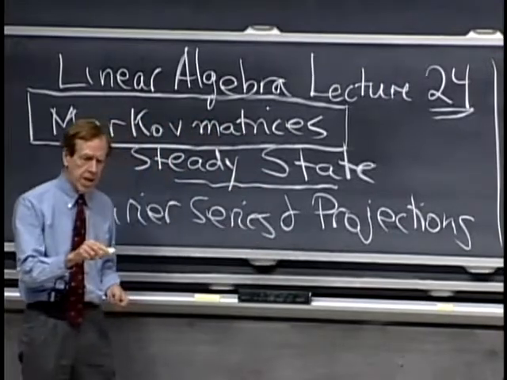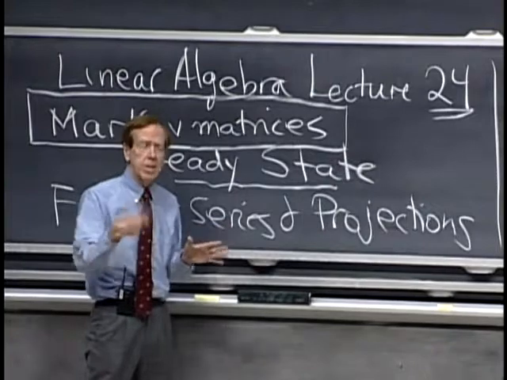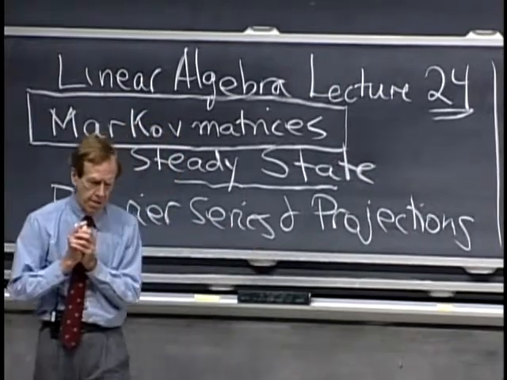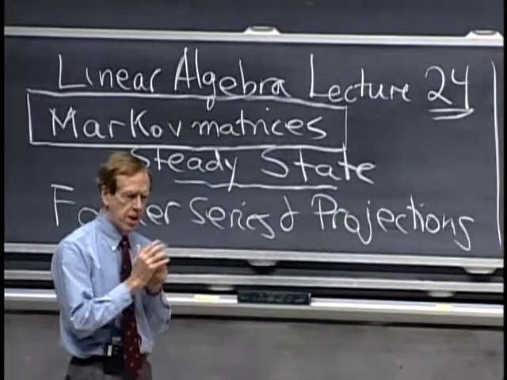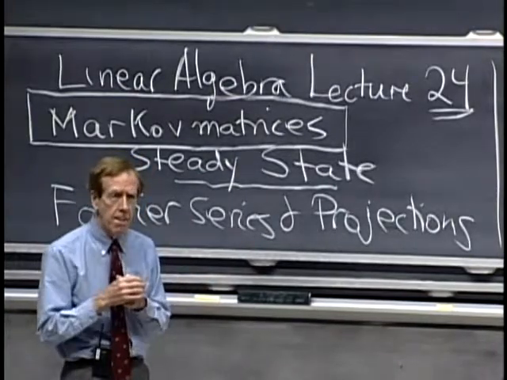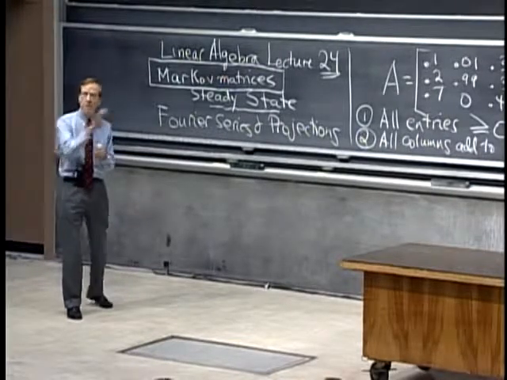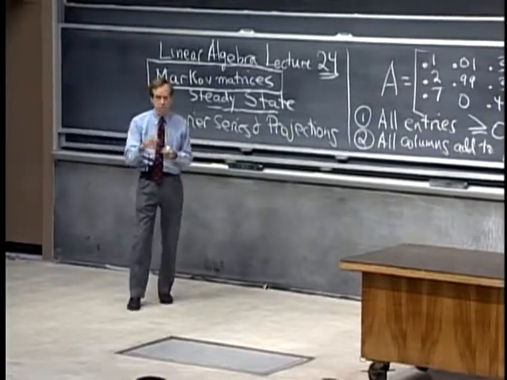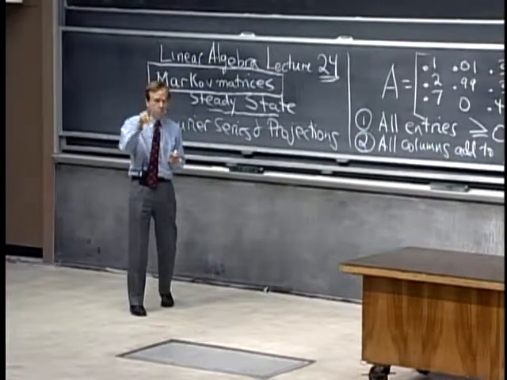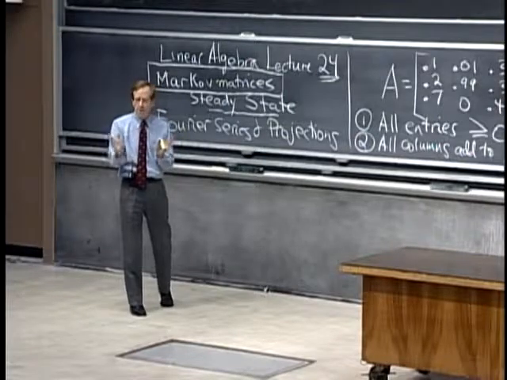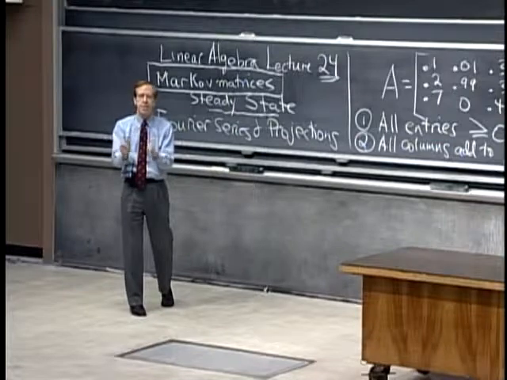You remember we had steady state for differential equations last time? What was the eigenvalue in the differential equation case that led to a steady state? It was lambda equals 0. We did an example, and one of the eigenvalues was lambda equals 0. And so then we had an e to the 0t, a constant, 1. As time went on, that thing stayed steady.